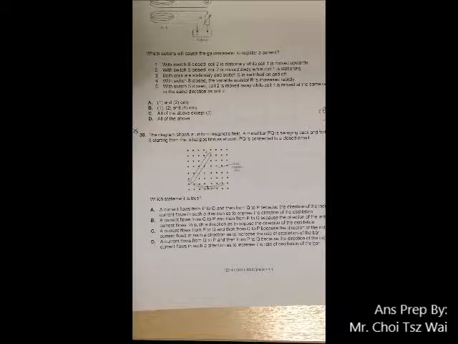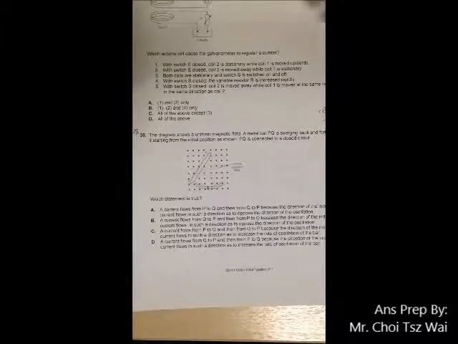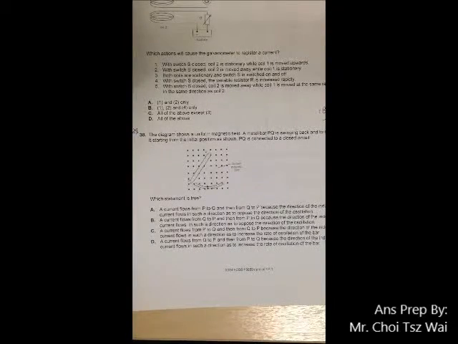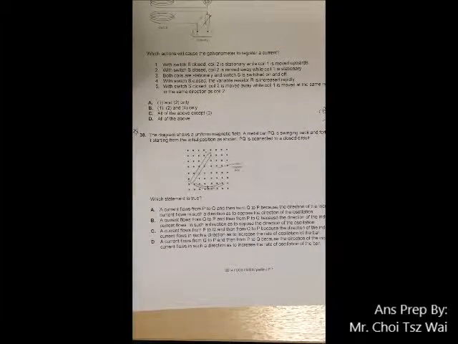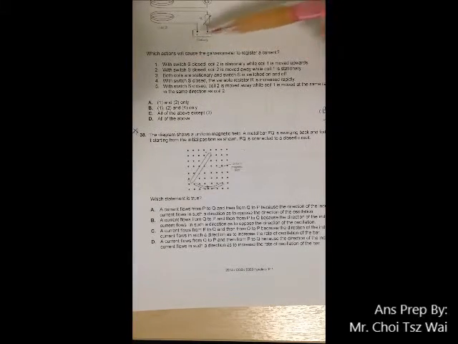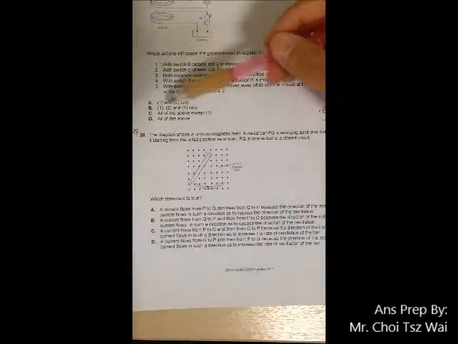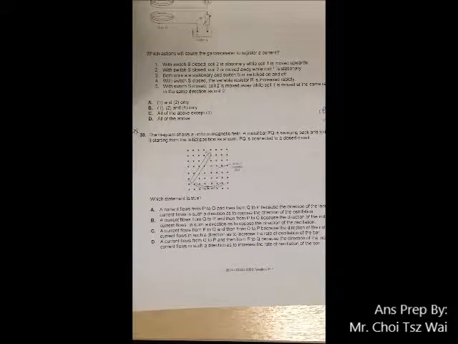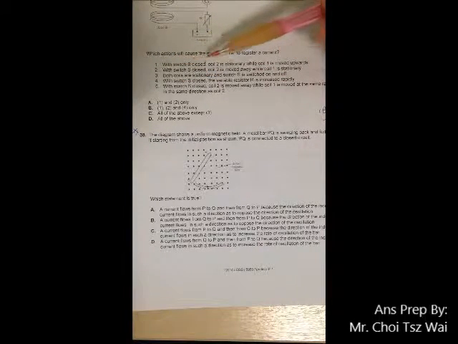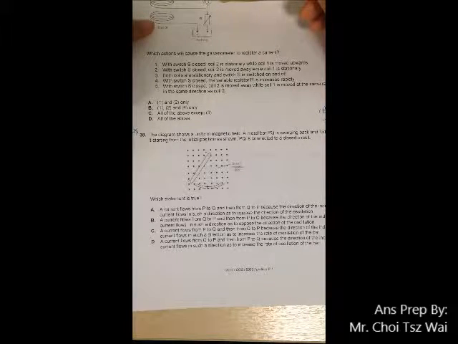Okay, question 37 is very interesting. So you have to make use of Faraday's law and Lenz's law. So let's go through all these 1, 2, 3, 4, 5 one by one. So when switch S is closed, coil 2 is stationary while coil 1 moves upward.